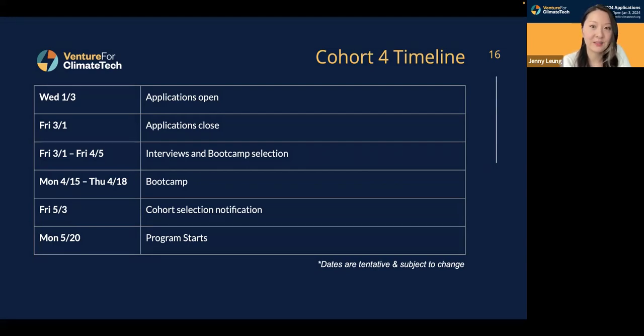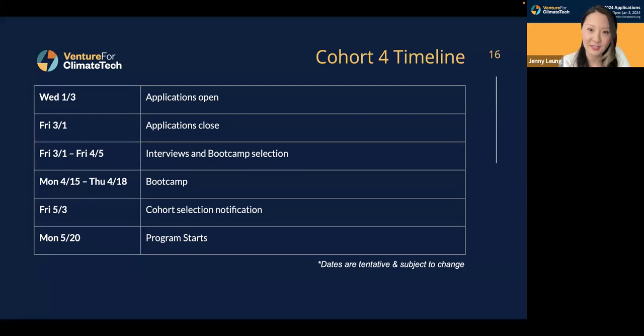So please try to get them in sooner rather than at the last minute, because once it closes, it closes. Between Friday, March 1st and Friday, April 5th, we will be doing interviews and bootcamp selection. Bootcamp will happen between Monday, April 15th and Thursday, April 18th, and I will talk about it in a lot more detail on the next slide.